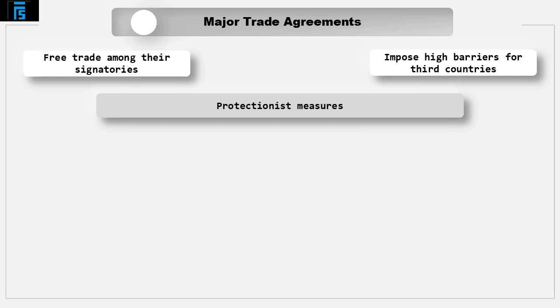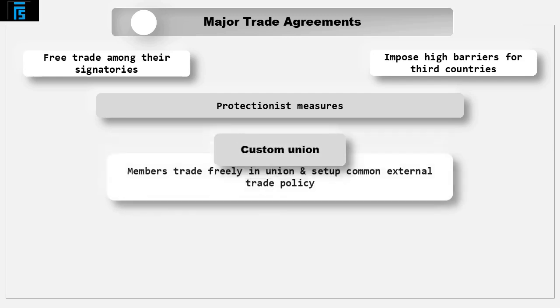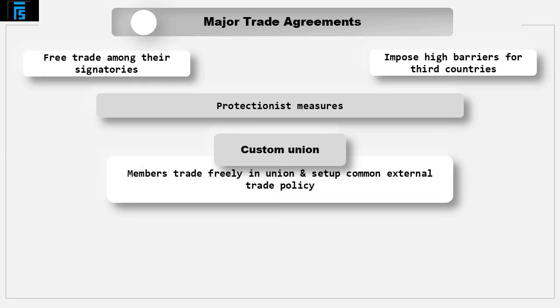There is in fact a specific category of international agreement aimed specifically at protecting the signatories' markets from international competition, referred to as a customs union. Members of such a union agree to trade freely within the union, but simultaneously set up a common external trade policy including tariffs and sometimes also quotas.